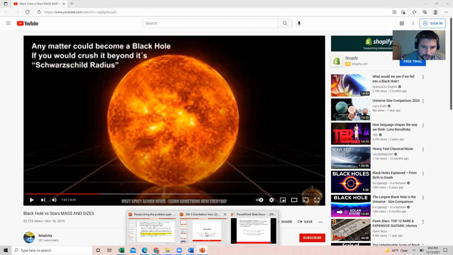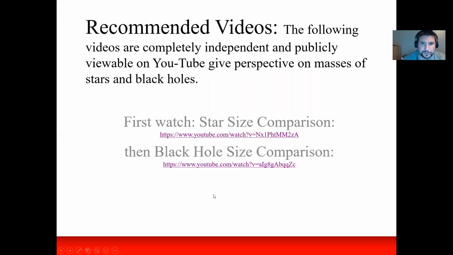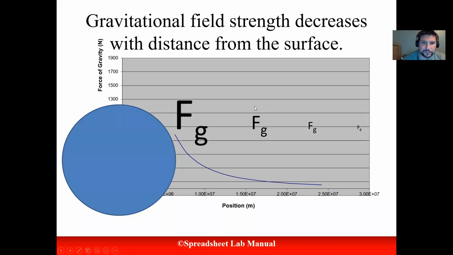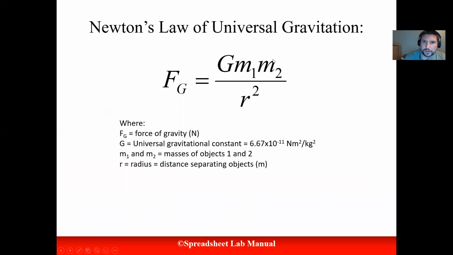So just bring up that formula for the law of universal gravitation again. If this radius gets small enough for a given mass, the force of gravity will get infinitely big.